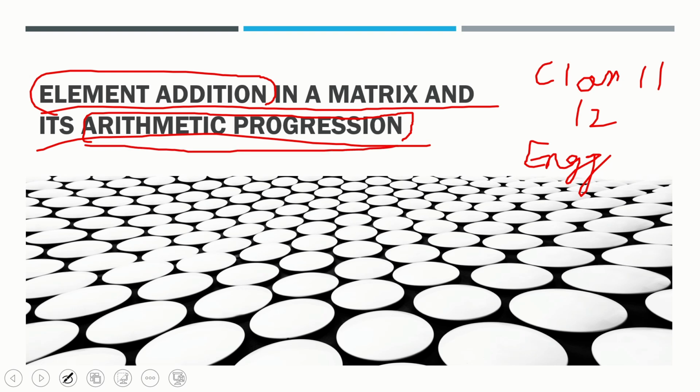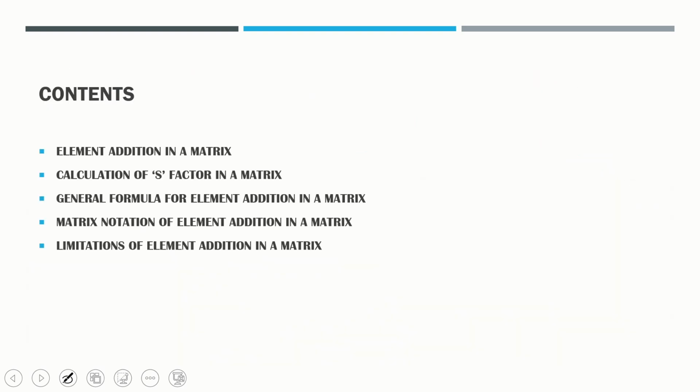And you first have to understand what element addition in a matrix is, then only its application part, arithmetic progression, follows. So you may have got the point that we are talking about two topics: one is element addition and one is arithmetic progression, as in the contents.